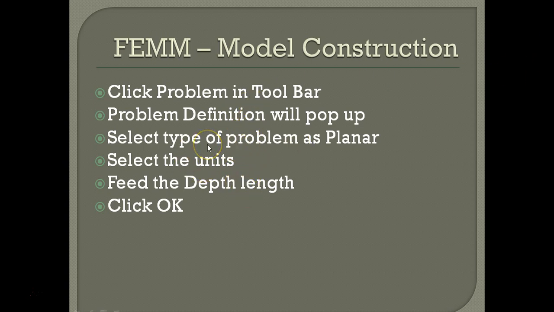You have to select the type of problem, you have to select the units, that is inches or centimeters or millimeters, whatever units you want to use, and then you have to fill the depth length. Okay, now you go to the software.